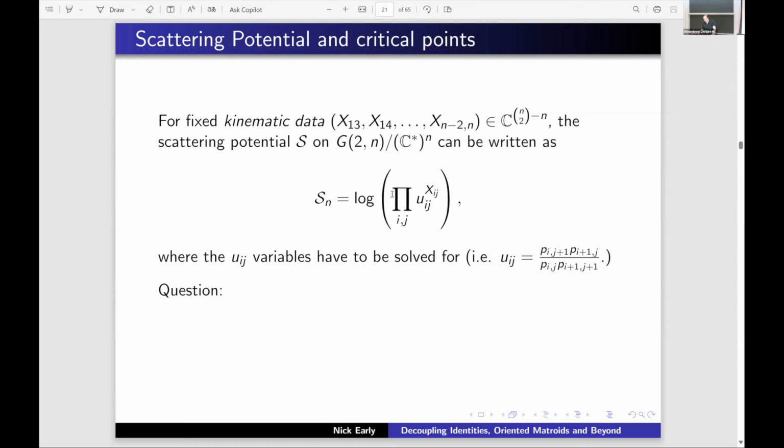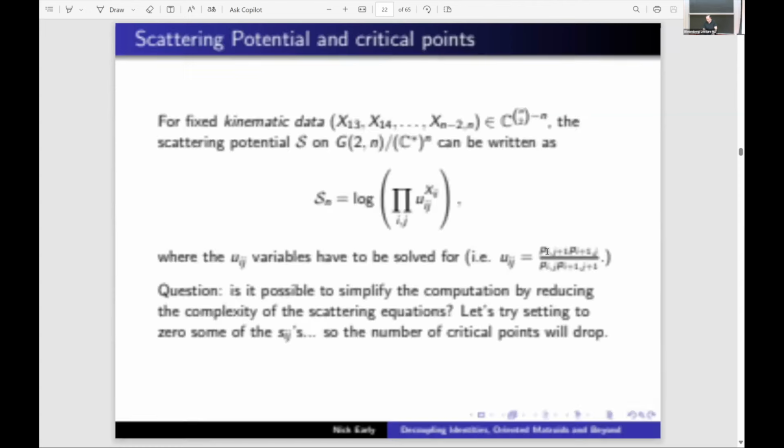I'm writing this as a logarithm of the product, but it just expands. And the logarithm of something, when you collect terms, is this beautiful cross ratio: pij, pi+1 j+1 in the denominator, pi j+1, pi+1 j in the numerator.